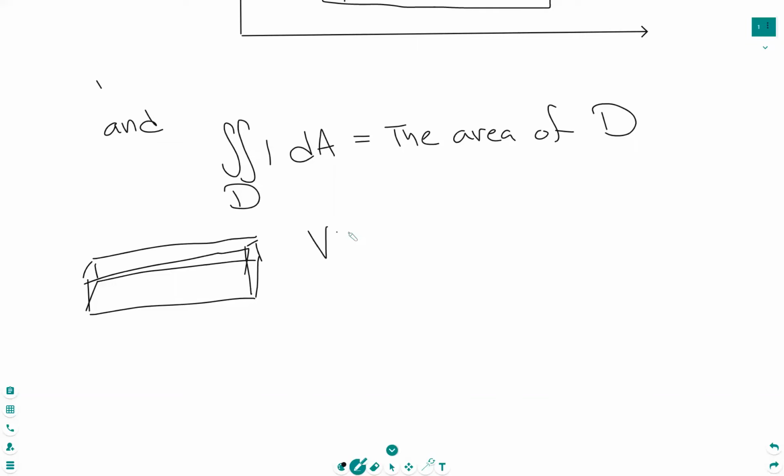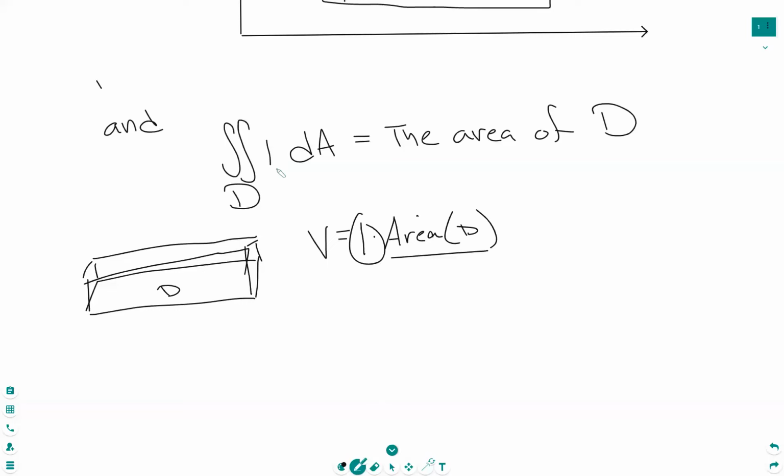So the volume here is the height times the area of the base. So that 1 doesn't really matter. This is just the area of D.